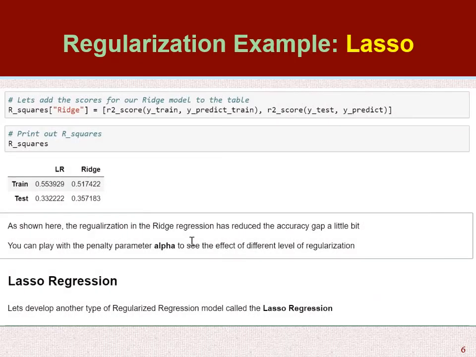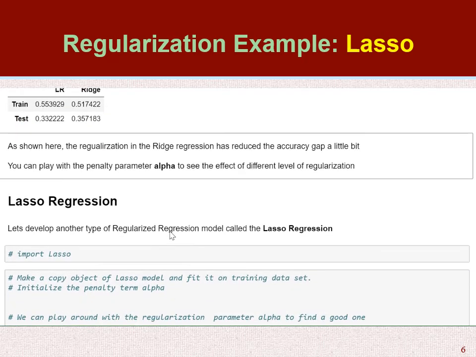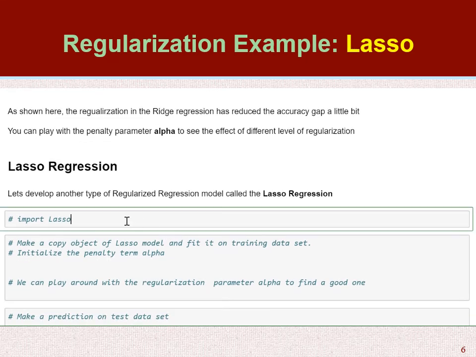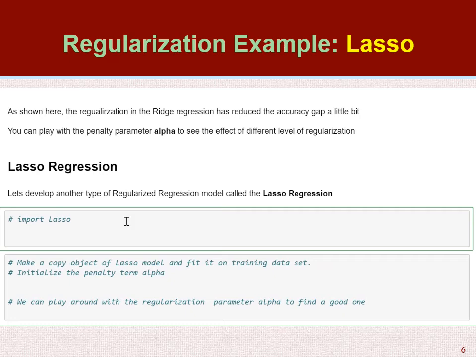So now that we have developed the regular regression and the ridge regression model, and we have the scores for them, let's move on to the next regularized regression model, which is the lasso regression. So let's develop the lasso regression for our problem.